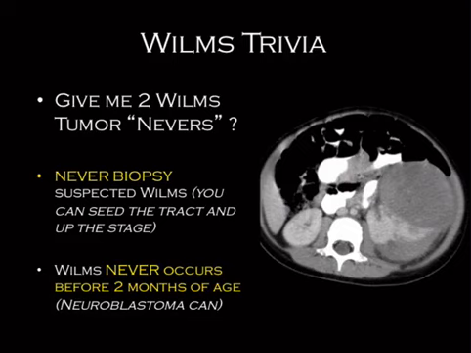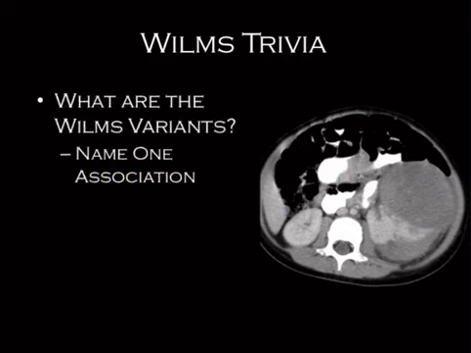And then there are these Wilms variants, which look just like Wilms tumors but are histologically slightly different. There are two worth knowing, clear cell and rhabdoid, and there's at least one association for the point of trivia that's worth knowing.